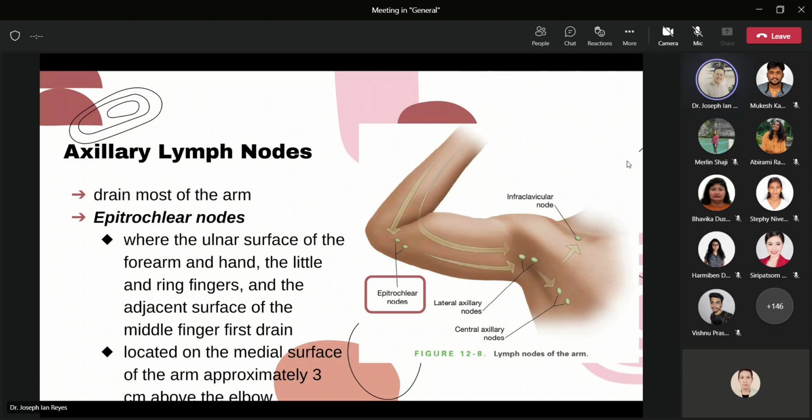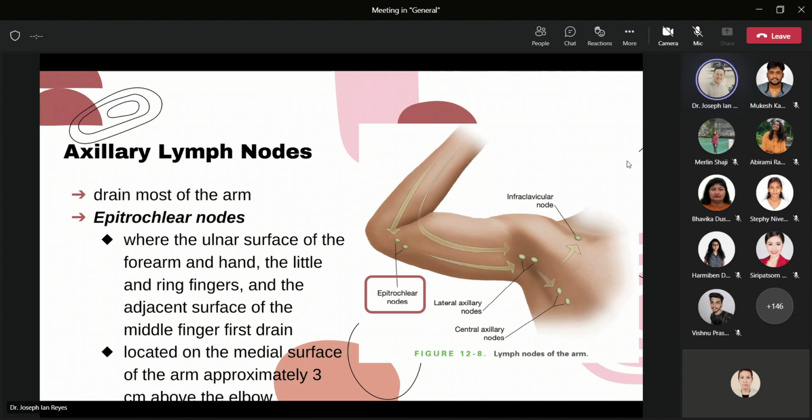But we should take note also that lymphatics from the ulnar surface of the forearm, hand, little and ring finger, and adjacent surface of the middle finger drain first into your epitrochlear nodes. So before they drain to the axillary nodes, they are filtered by your epitrochlear nodes.